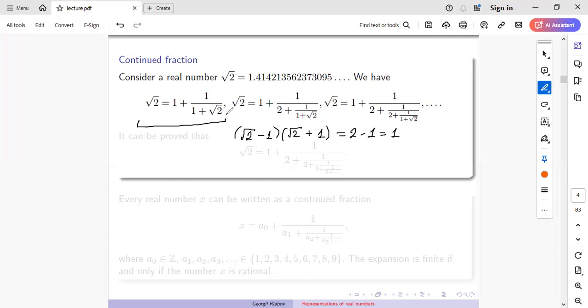Now, in the obtained equality, I will substitute this root of 2 by the whole expression that we obtained for root of 2. Since here we have 1 plus root of 2 in the denominator, we will obtain 2 plus 1 over 1 plus root of 2. And then we repeat this procedure.